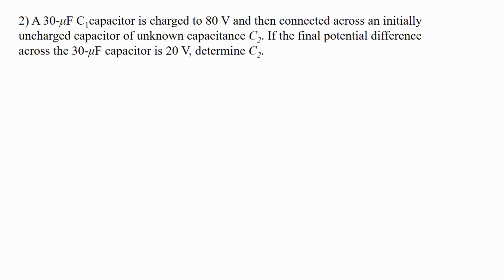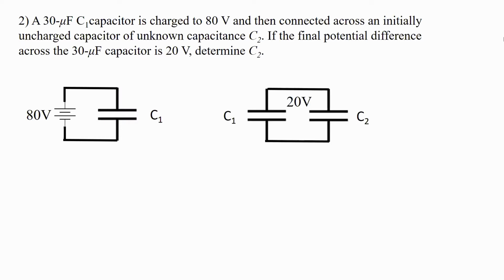So let's draw a little diagram first showing us charging the capacitor, C1, which we already know the value of to be 30 microfarads. And once it's completely charged, then we disconnect the power supply and then attach C1 to C2 in the following manner.